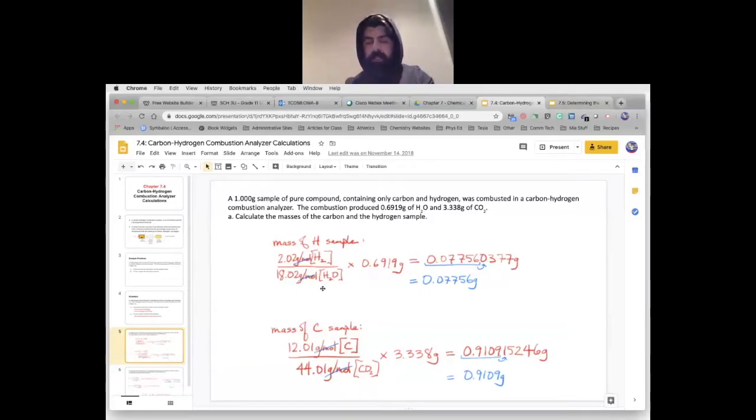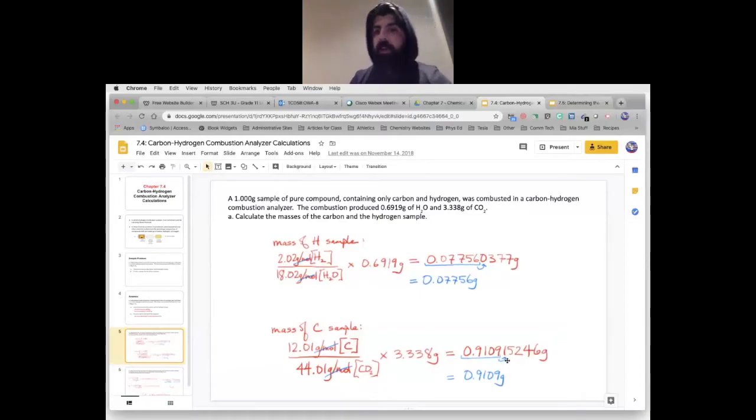So look really closely to those values. And again, we could multiply it by 100, but let's skip that times 100 and multiply it by the actual sample. And when we multiply by the actual sample, we get this mass. Okay.